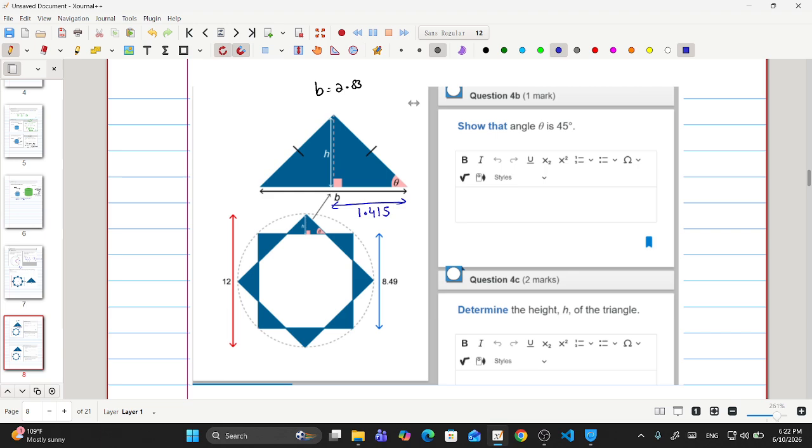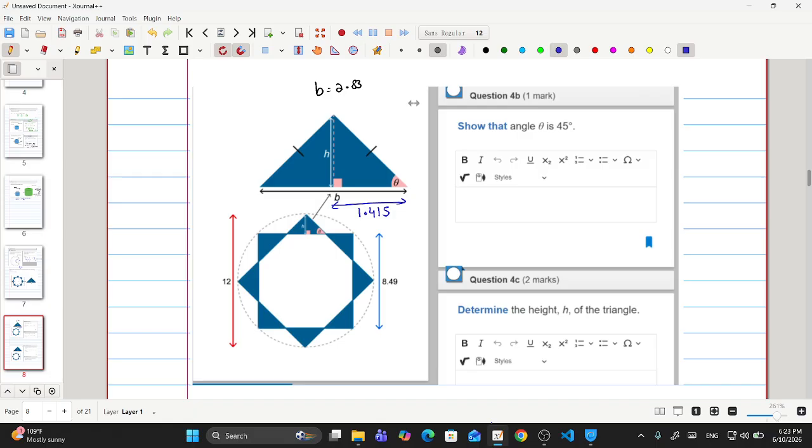Let me just do it again. 2.83 divided by 2 is 1.415. Yes, that's correct. So we have to show that the angle theta is 45. Okay, and what about the height?